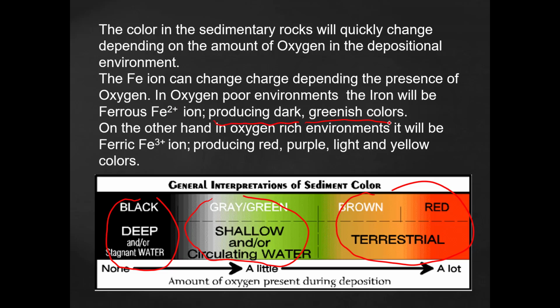On the other hand, when you are on the continent and you have an oxygen-rich environment, the iron will become ferric iron, Fe3+, and that will produce hematite, therefore red, purple, light, sometimes yellow colors. So the color of the sedimentary rock is very meaningful in terms of oxygen level and sedimentary environment.